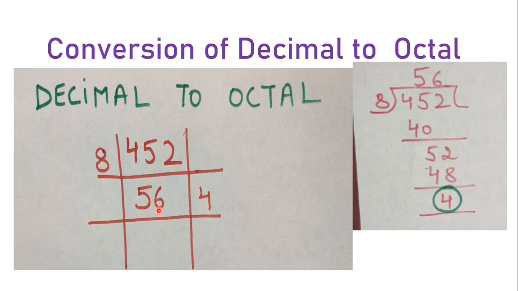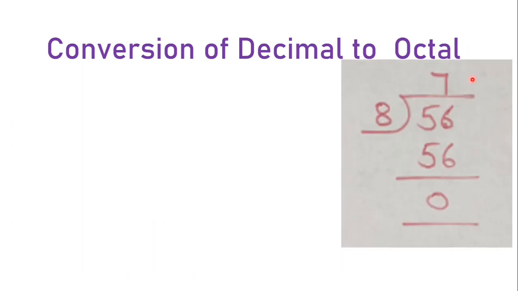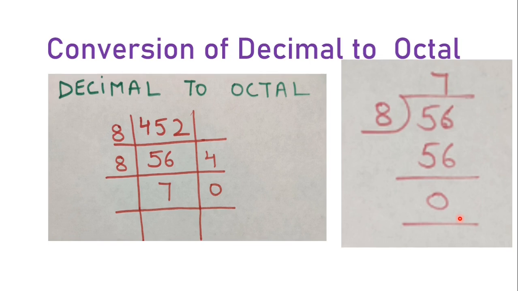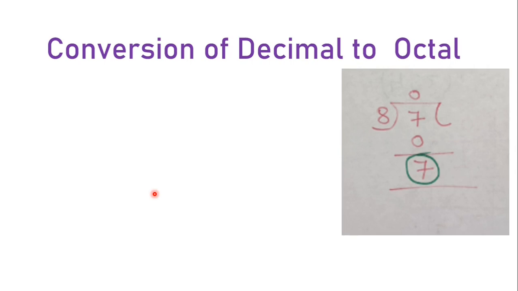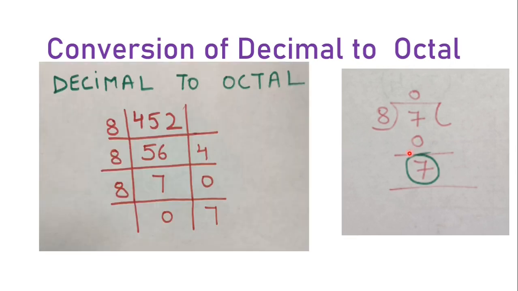We have to repeat the same steps, and when we repeat it, 8 7s are 56, and we get the remainder 0. When we get the remainder 0, we write it here, and we write 7 here. Again we have to repeat the same step, and 8 zeros are 0, and we get the remainder 7. So the octal equivalent would be, we have to write from bottom to top, it would be 704.